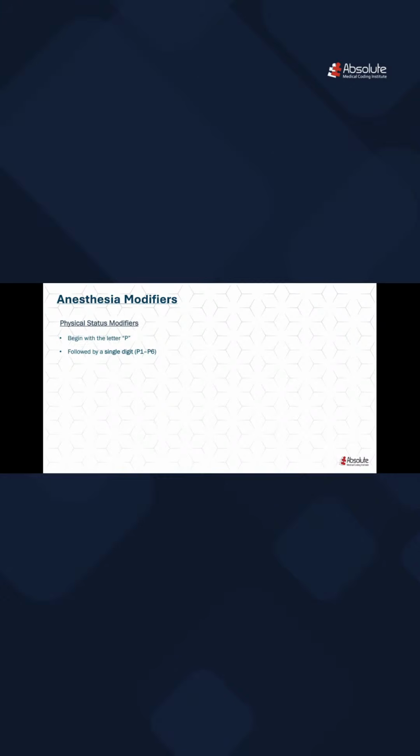Okay, so remember they always start with a letter P followed by a single number, and these modifiers can only be appended to the anesthesia CPT codes. So let's go through each one clearly so you never mix them up.